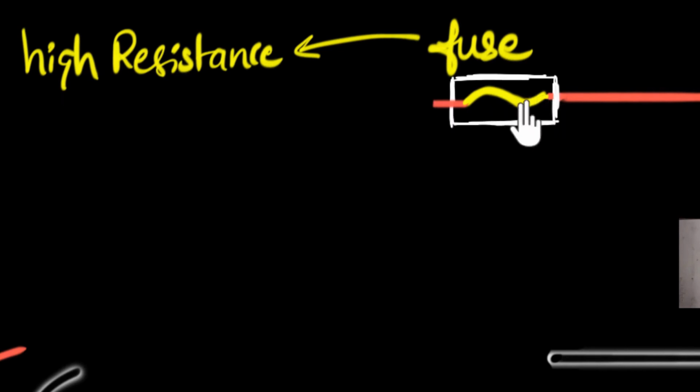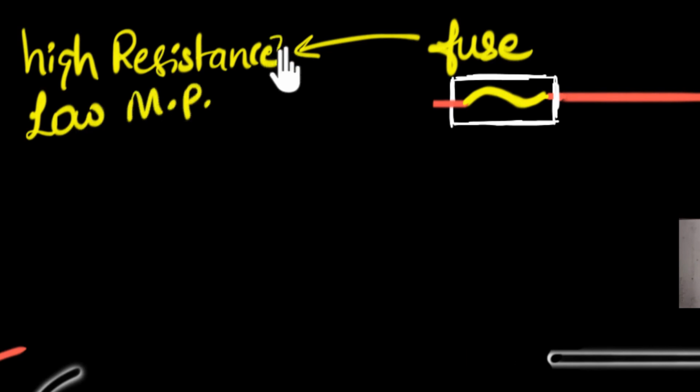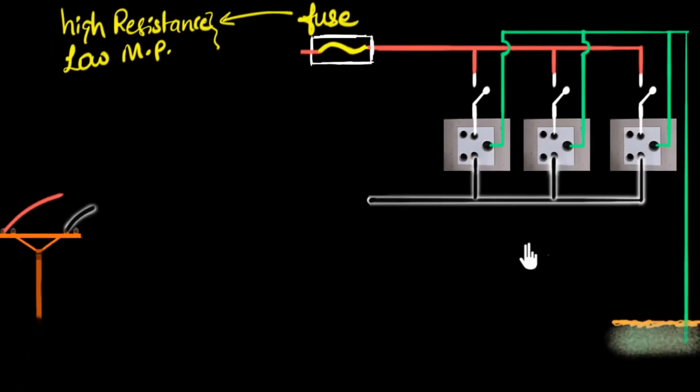And to ensure that it melts quickly, it also needs to have a low melting point. So with these two features, a fuse wire can be built to protect our circuits. And so now you may be wondering, what's the maximum current this fuse wire can handle? Well, that depends upon different kinds of fuse.